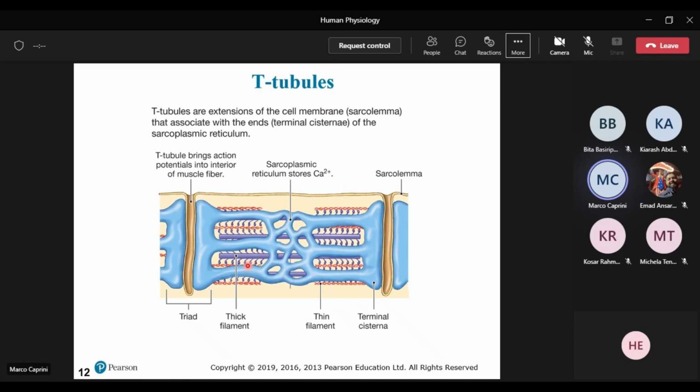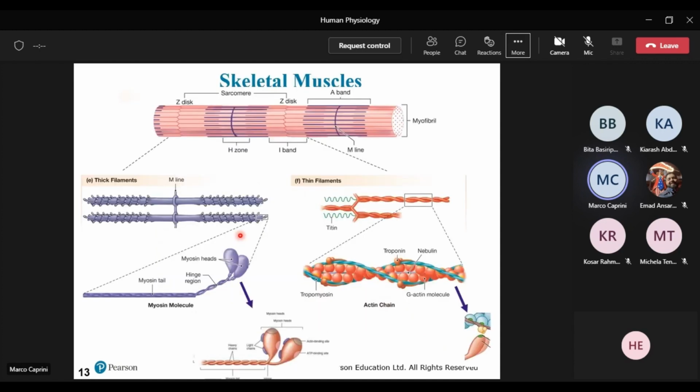Okay. So this is the mechanism in general, but in order to understand the mechanism, we need to know how the proteins are connected one to the other, and how a single protein works. As I said before, another information, another tip. This is also another question for the exam. Skeletal muscle.